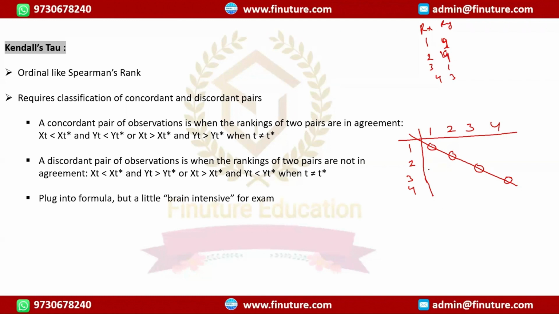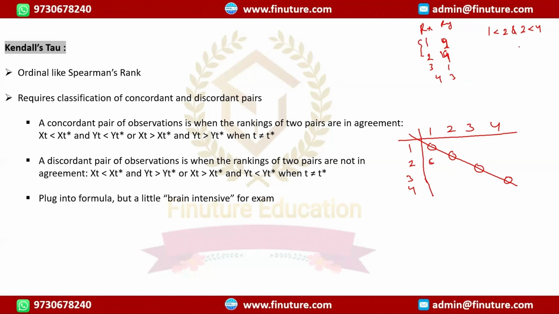Now, to conclude about this one, when I compare my second ranking to the first, 1 is less than 2 and 2 is also less than 4. This is a concordant pair.